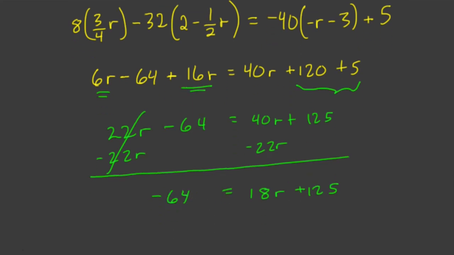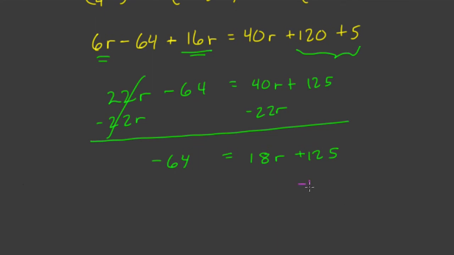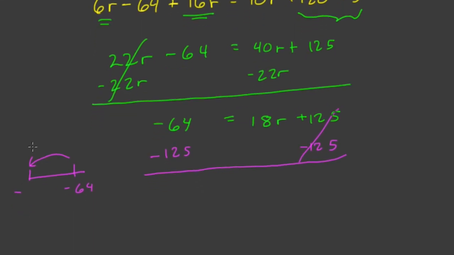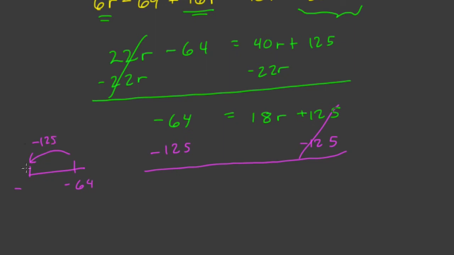Now we just get the variable by itself. We're going to subtract 125 from both sides, right? Okay, these should cancel out. And then negative 64 minus 125, if you think about a number line, if you have negative 64 and we subtract 125, it's going to be the same thing as the opposite side of the number line.